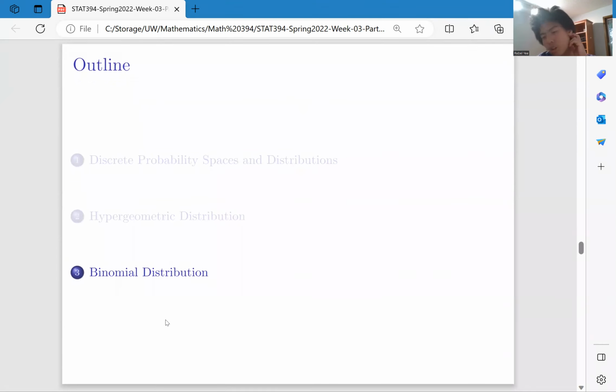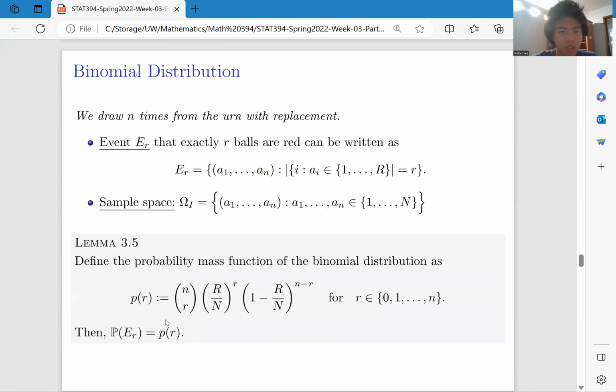So let's move on to the last important theorem of our class, the binomial distribution. In the binomial distribution, we draw n times from N with replacement.